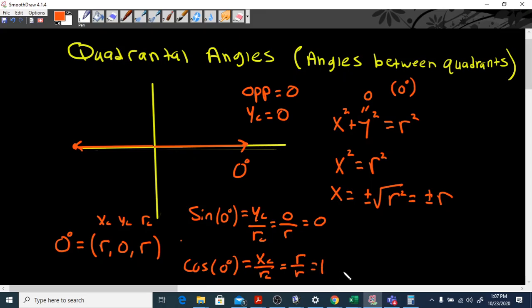So cosine of 0 is 1. Tangent of 0 is y component over x component. The y component is 0, the x component is whatever r is. 0 over r is 0.